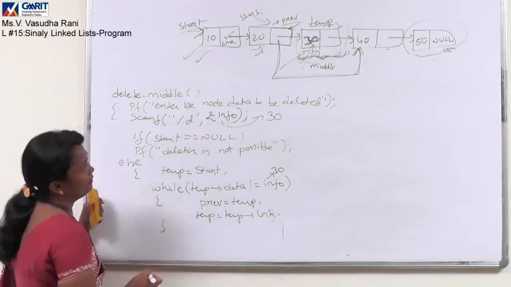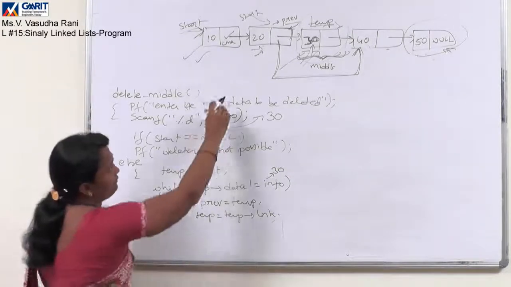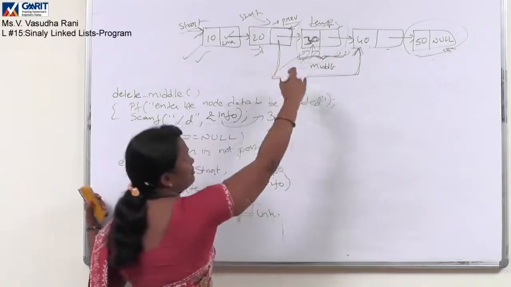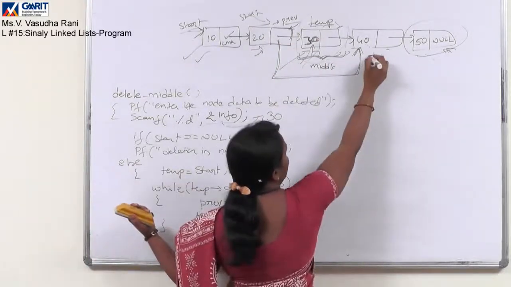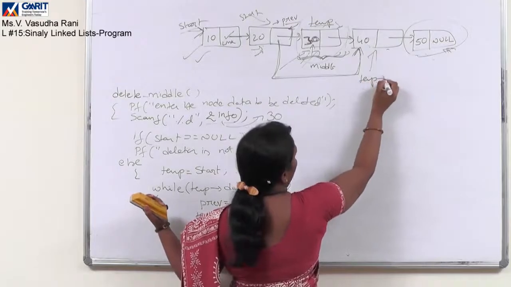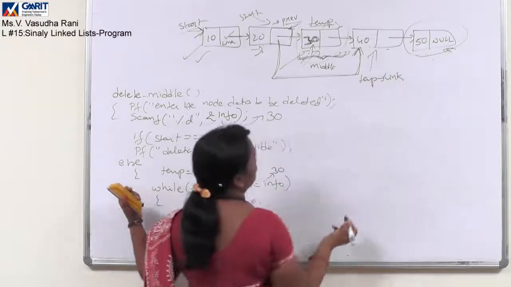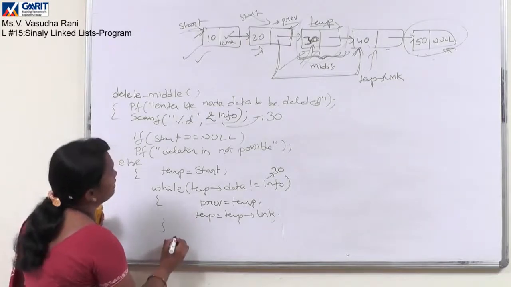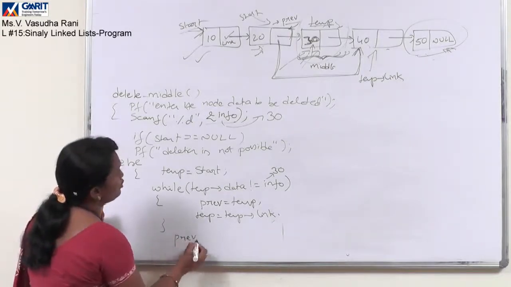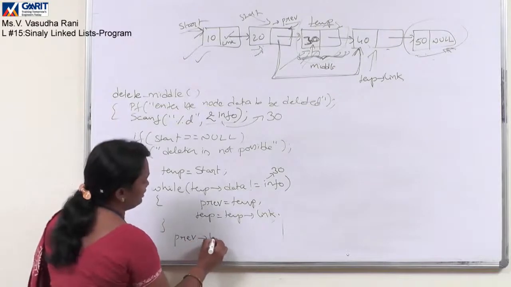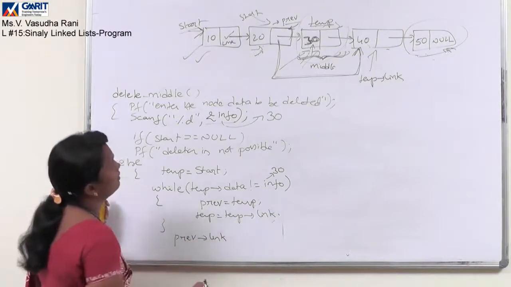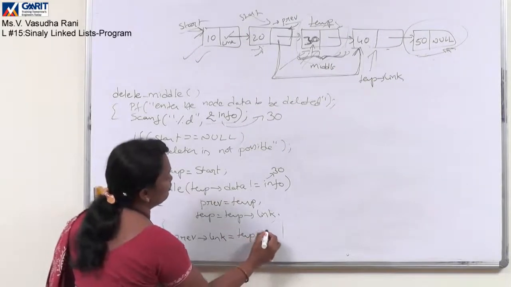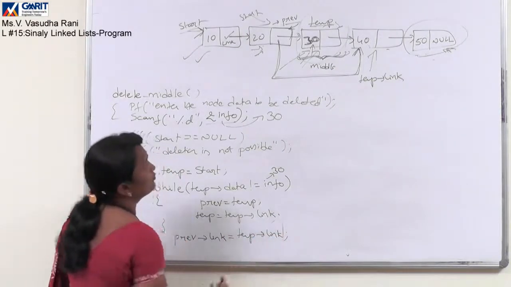So once those two have been identified, we need to delete this particular node. Now, for linking the previous node of this temp and the next node of this temp, next node of this temp is accessed using temp link. So we can link our previous node's link is equal to temp node's link.